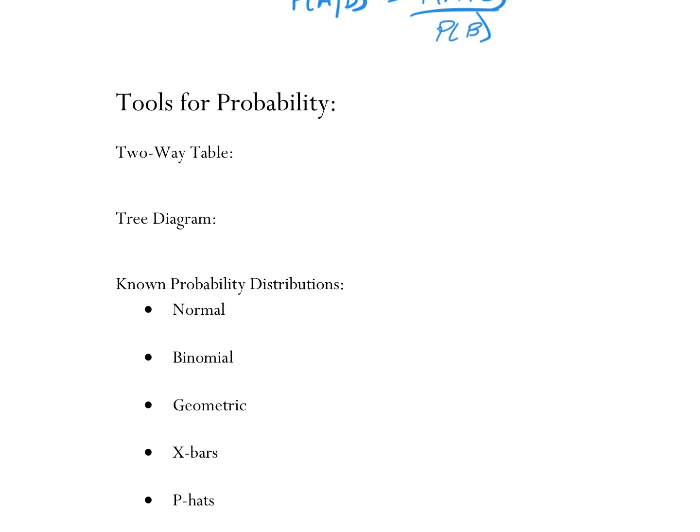All right, two-way tables. Do I need to explain to you what a two-way table is? Okay. On a scale of 1 to 5, how comfortable are you guys finding probabilities from a two-way table? If I give you a two-way table, can you find the probabilities I ask you to find?